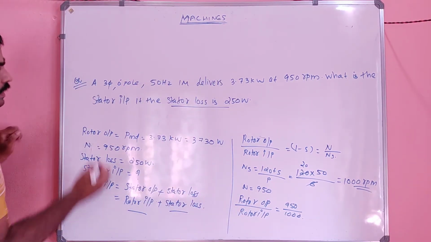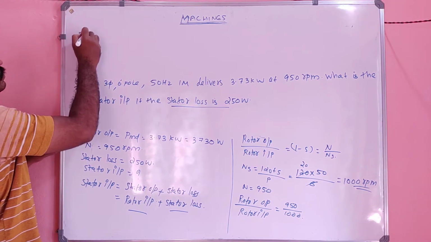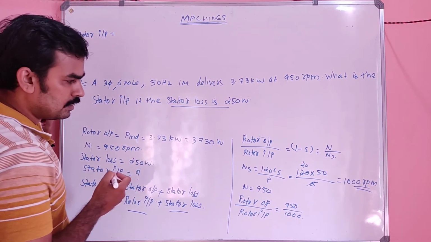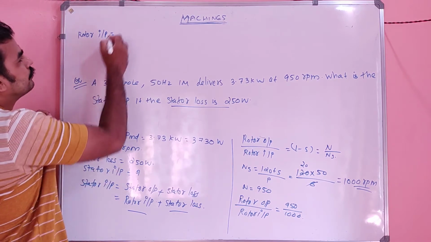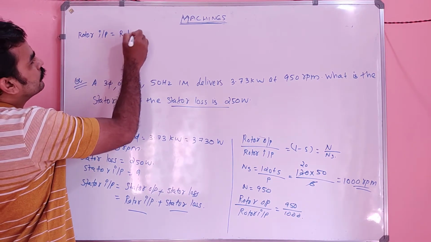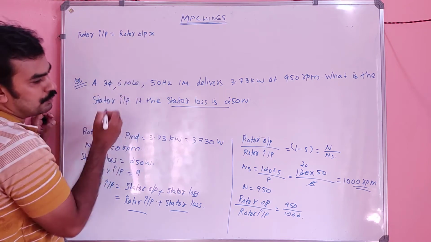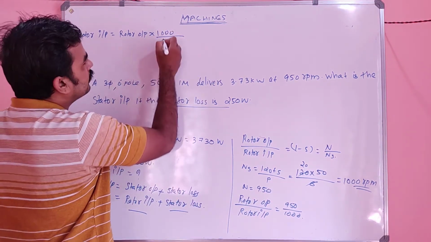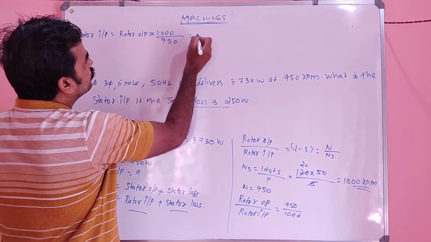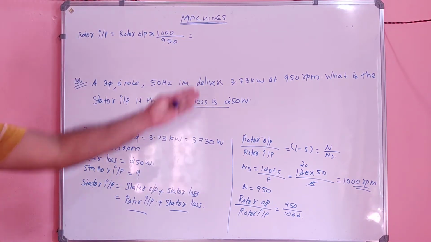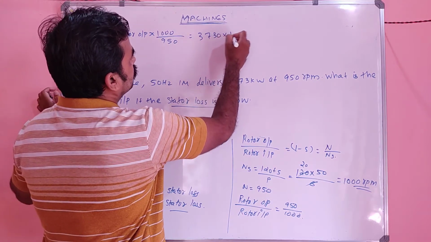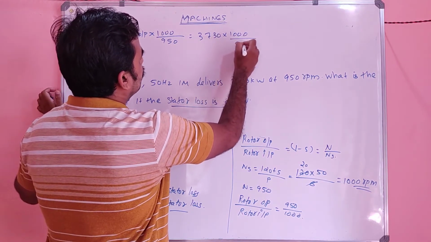So rotor input will be equal to rotor output into 1000 divided by 950. The rotor output is given as 3730, into 1000 by 950.